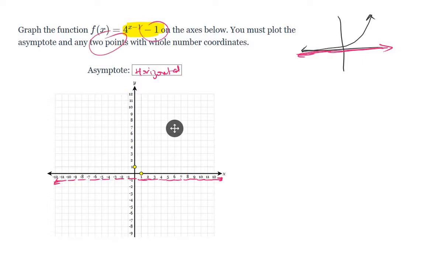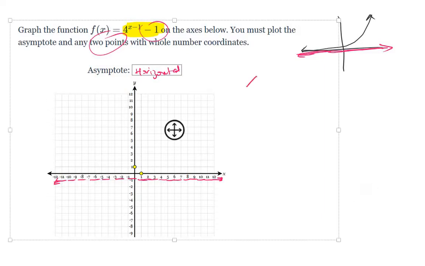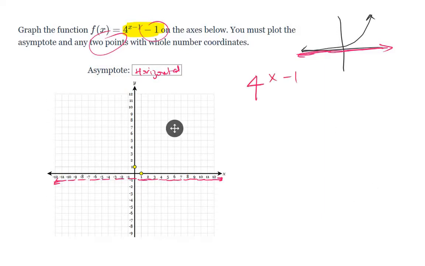To graph 2 points, what you need to do is to select your x value carefully. Here it is given to us as 4 to the power of x minus 1, minus 1 as your y. So we can just select numbers that will give me whole numbers. So we can do guess and check. If we put 0 for x, then you're going to have 4 to the power of negative 1, which is 1/4.